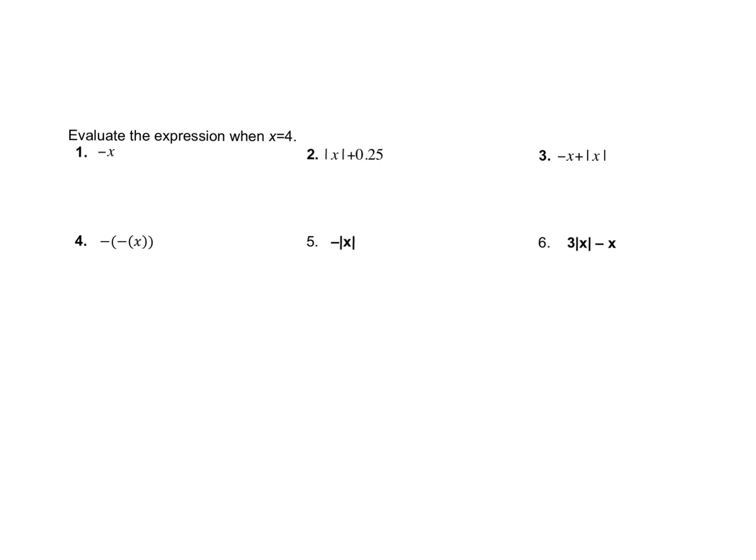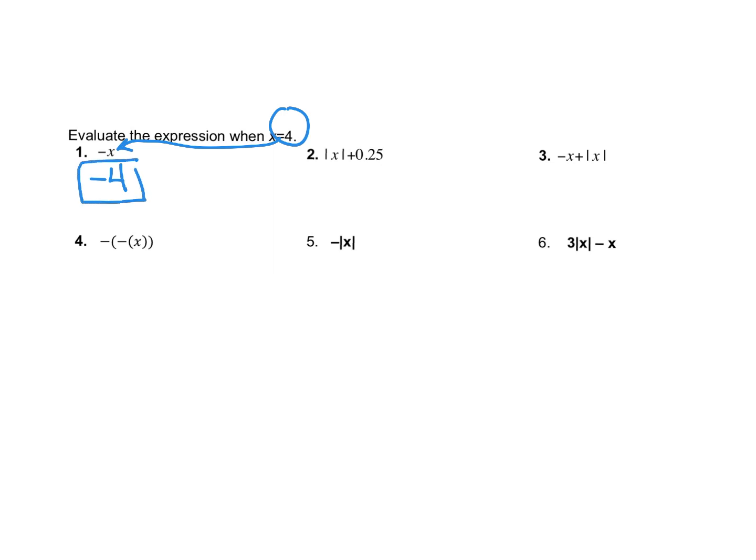All right, evaluate the expression when x is equal to 4. When you see a negative in front of a number or in front of a variable, another way of expressing a negative is to say the opposite. So I have the opposite of x. Well, x here is equal to 4. So I'm going to place that in here. And so I've got a negative 4.